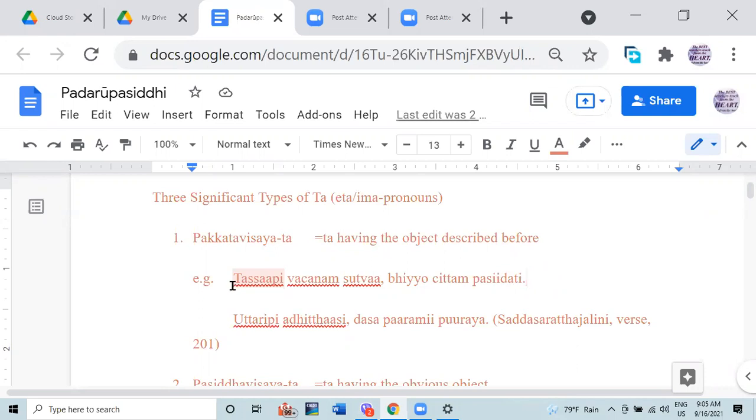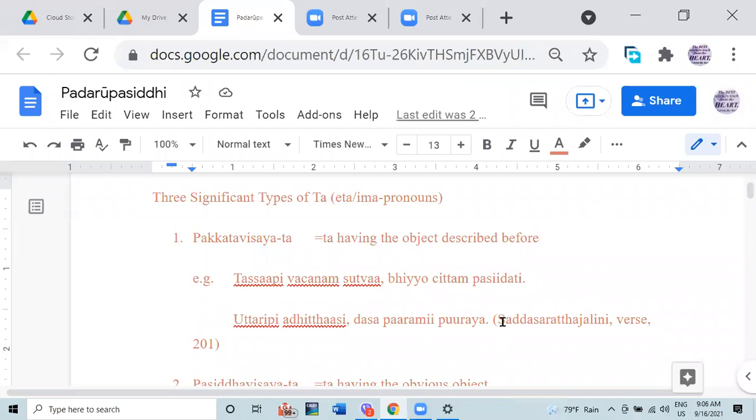So this type of ta is called paganda visaya. And uttaripi adatasi, that's the parami puraya. Puraya means it is a gerund.